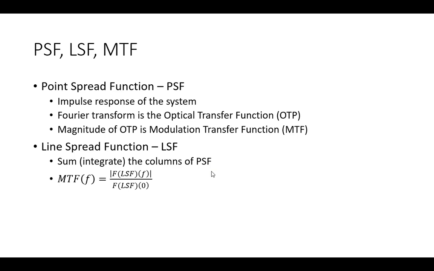We always normalize it so that your constant at 0 should be equal to 1, and everything is relative to that. So in essence, the modulation transfer function always, always, always should be 1 at frequency 0. That make sense?